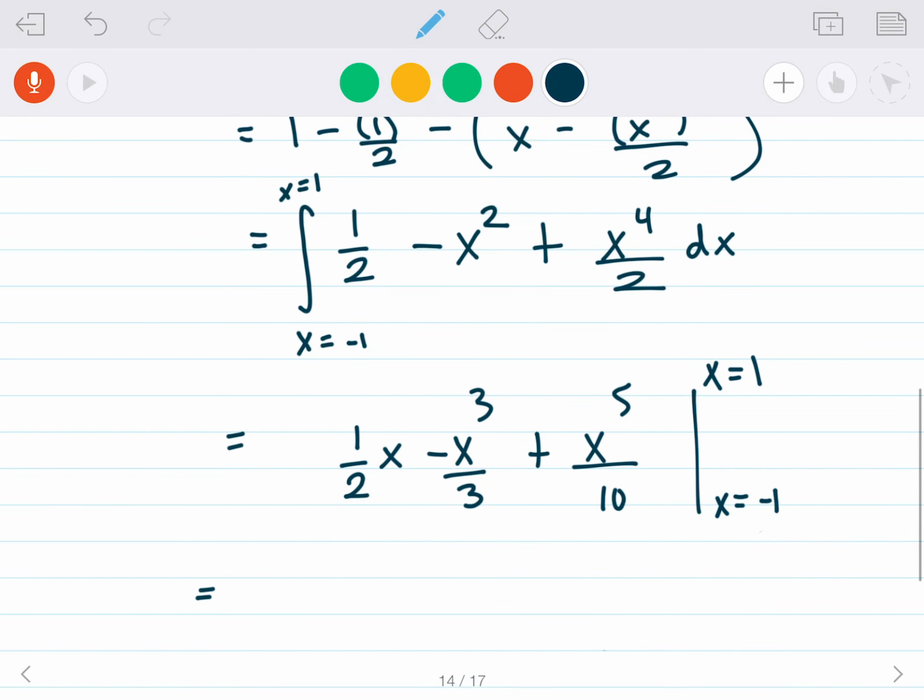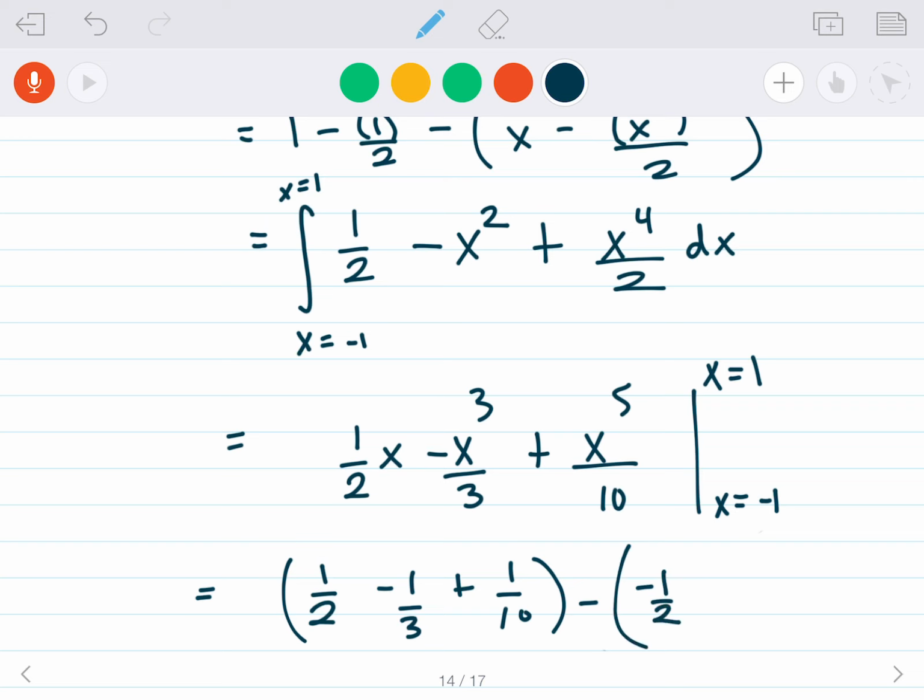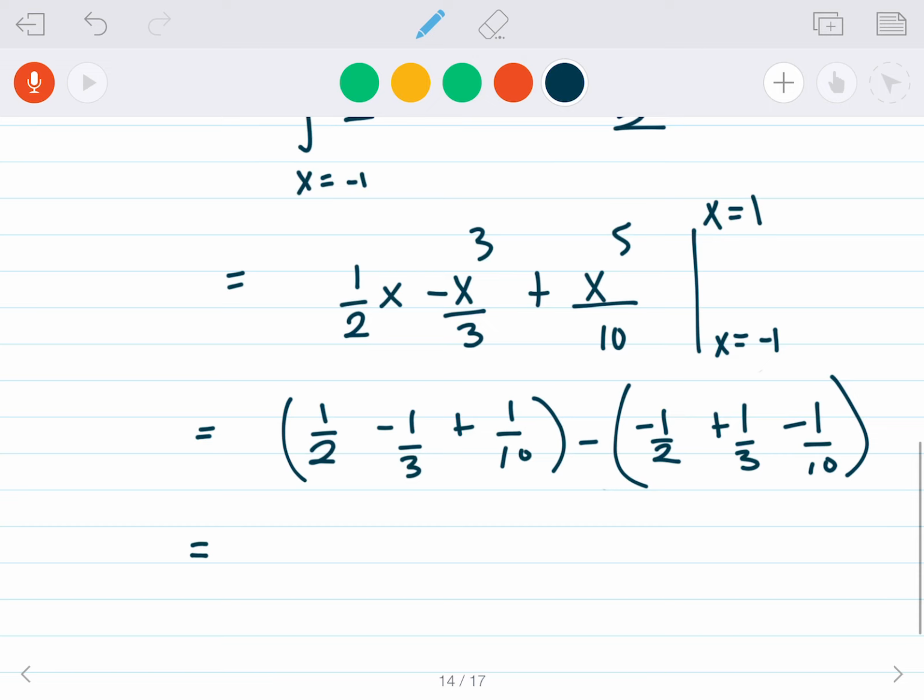Okay, so plugging in 1 first, we get a half minus a third plus a tenth, minus, now plug in -1. So that's going to be negative a half, positive a third, negative a tenth. And let's go ahead and compute this.